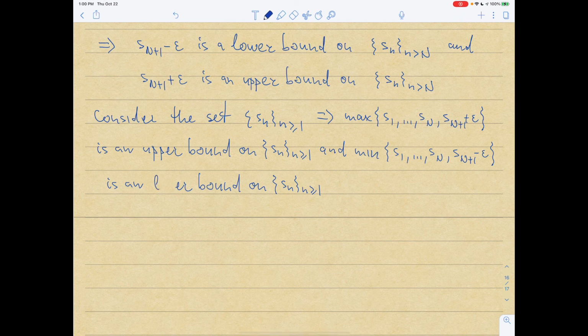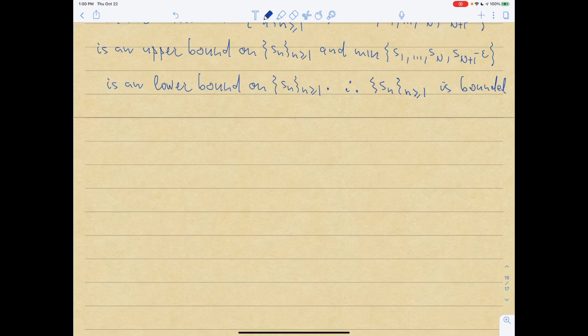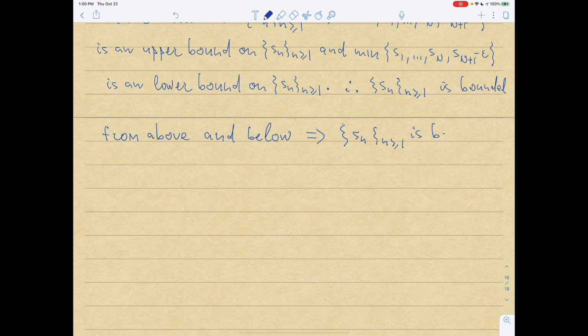And so the conclusion is that the set Sn, n greater or equal than 1, is bounded both from above and below, and thus it is bounded. Right, and so therefore Sn, n greater or equal than 1, is bounded, and we're done.